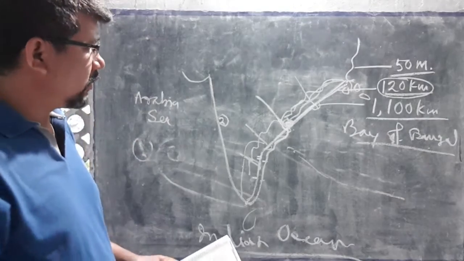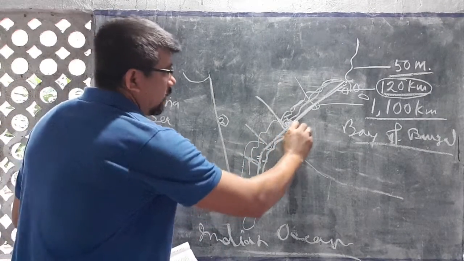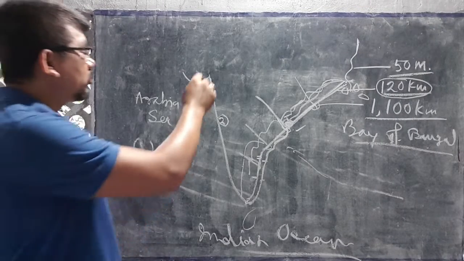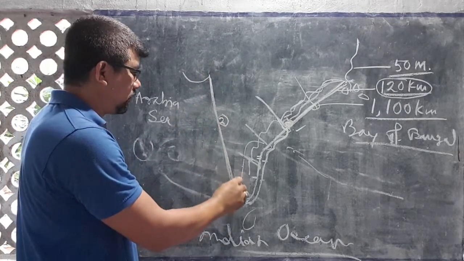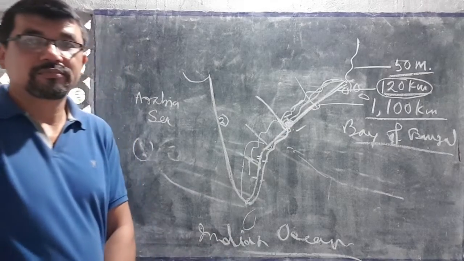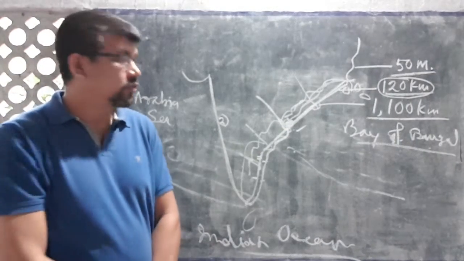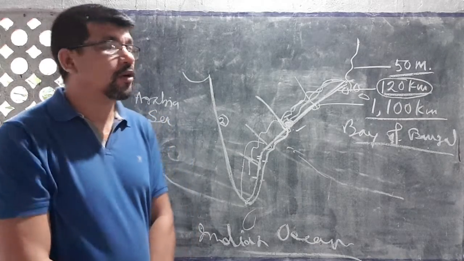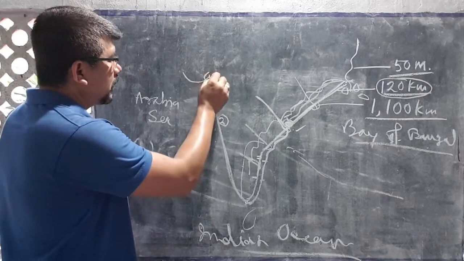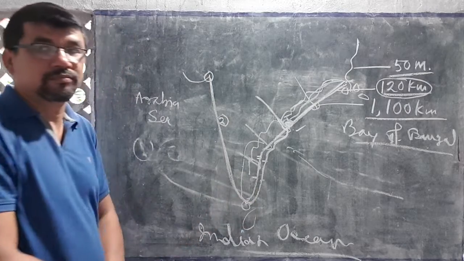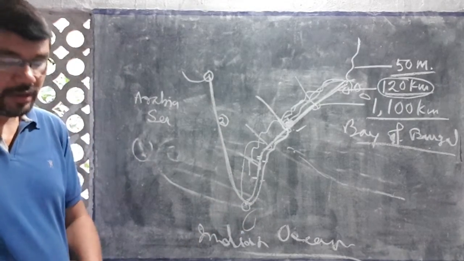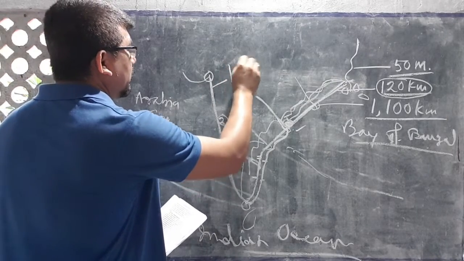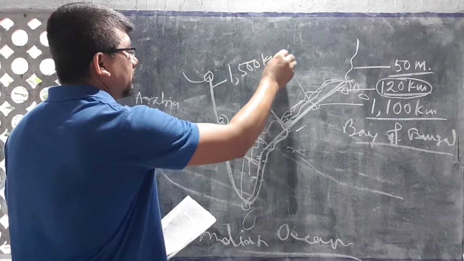It is about the eastern coastal region. Now come to this western coastal region. Western coastal region is found from Gulf of Cambay to Cape Comorin. Its length is nearly 1,500 kilometers.